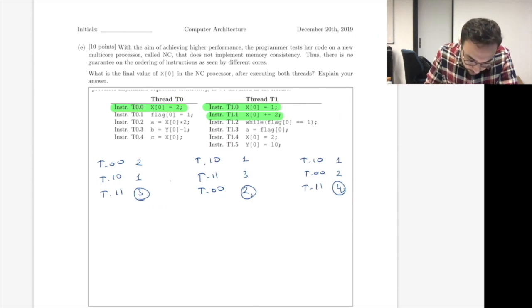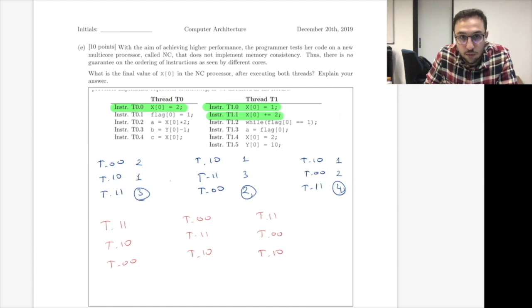Therefore, it implies T11, T10, T00; T00, T11, T10; T11, T00, T10. Let's calculate what x0 gets in these three combinations.